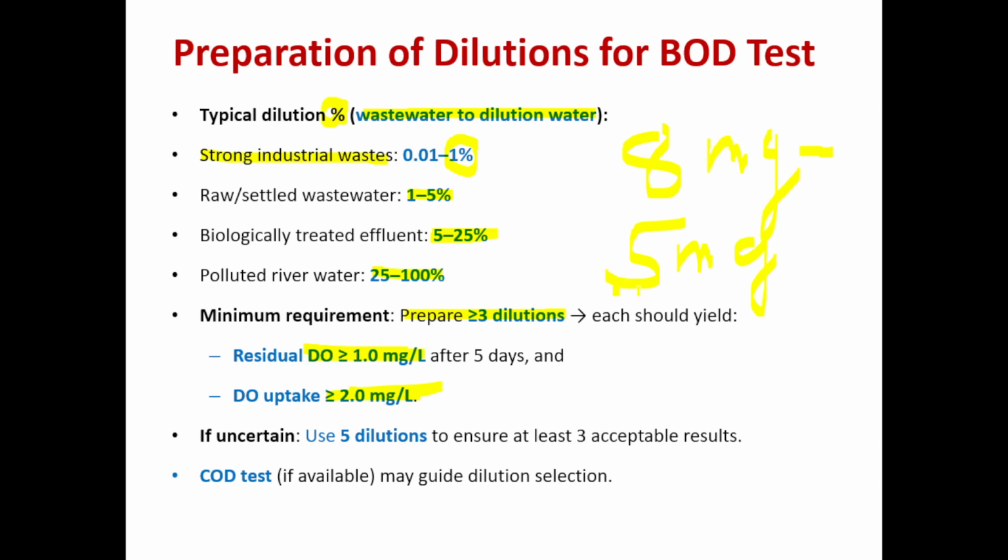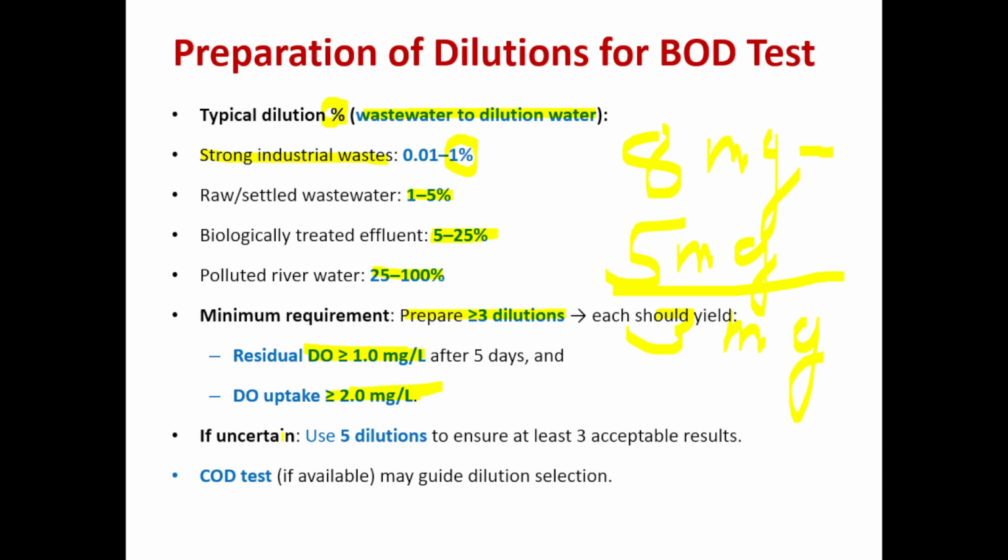Now the residual DO is 3 mg per liter, which also passes this test. The DO residual should not be less than 1 mg per liter.